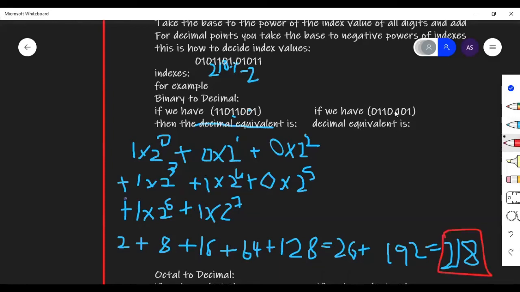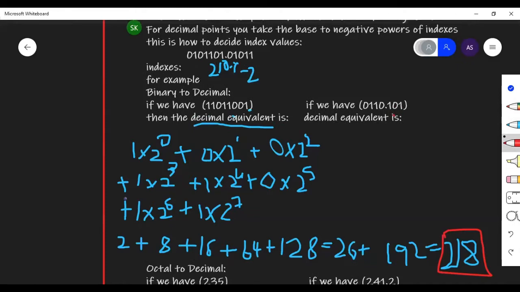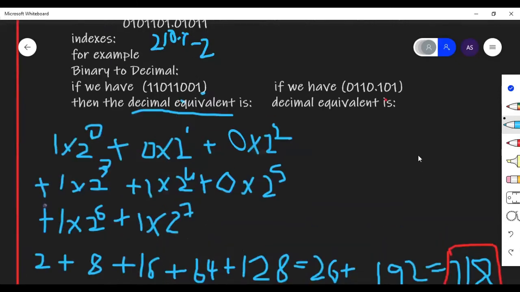Now you'll notice that there's a decimal point in this second number. Like I told you guys, decimal point behind the indexes. So just as per the rules here, take the powers.